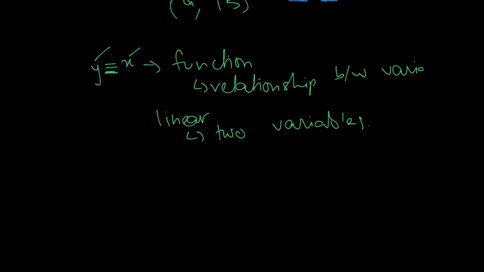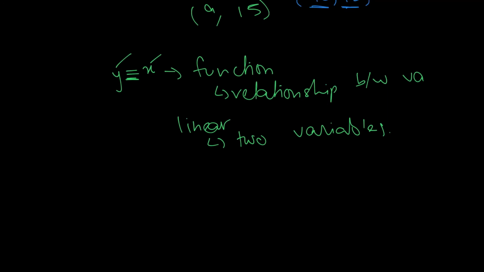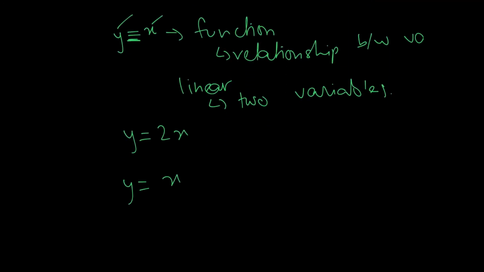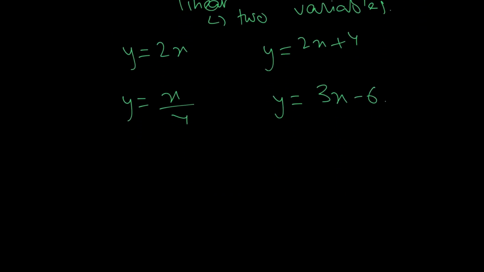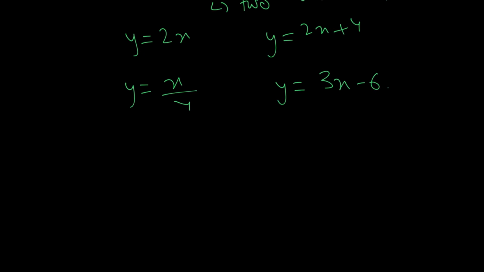This function can be y equals 2x, y equals x over 4, y equals 2x plus 4, y equals 3x minus 6. It can be anything, as long as it includes two variables, it can be a linear function. What basically happens is you input a value. Let's say you are inputting the value of x.